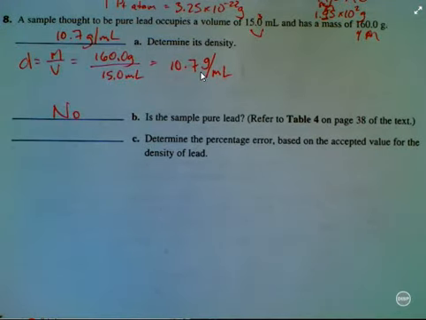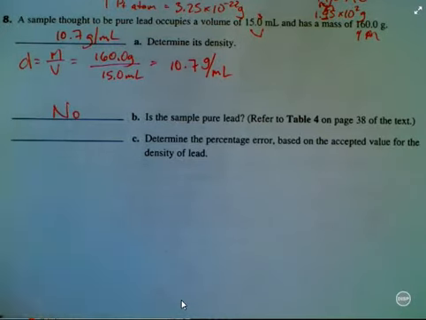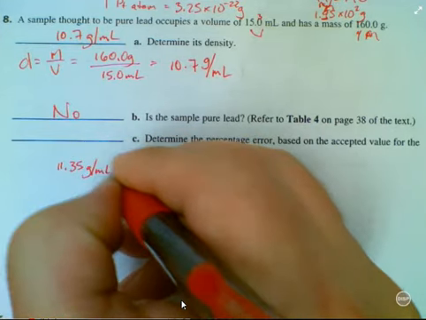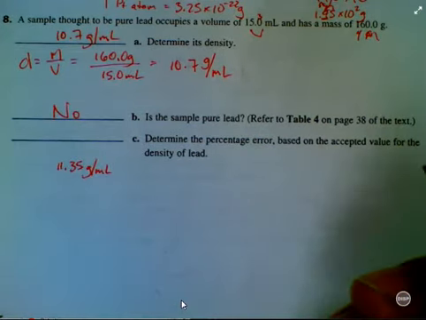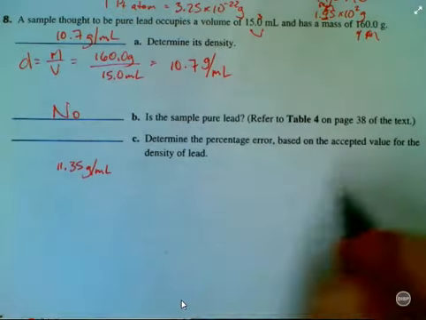Determine the percentage error based on the accepted value for the density of lead. So let's remind ourselves, what was that accepted value? 11.35 grams per milliliter. All right, so calculate the percent error.